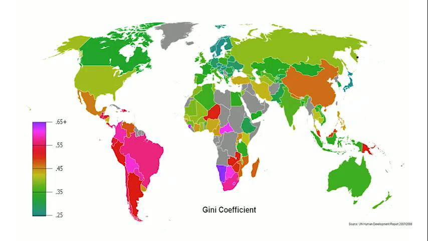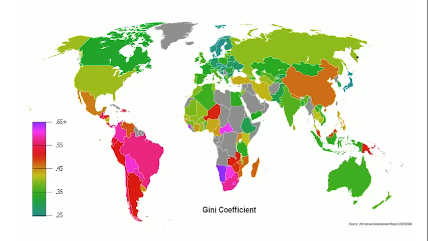You also can use the Gini coefficient to look at the differences in income distribution in different countries around the world. So in this case, the greenish colors are more equal than the purplish or bluish colors. The United States is, you can see from the picture, kind of in the middle.